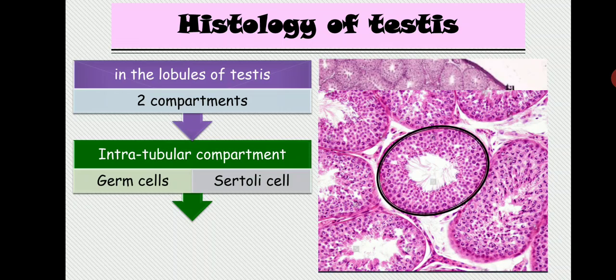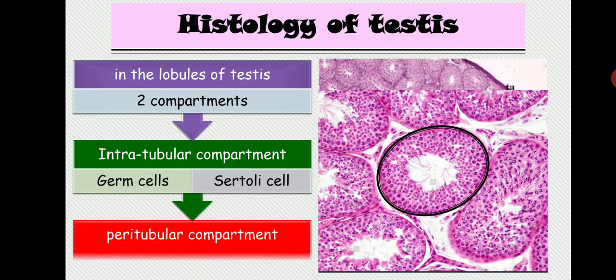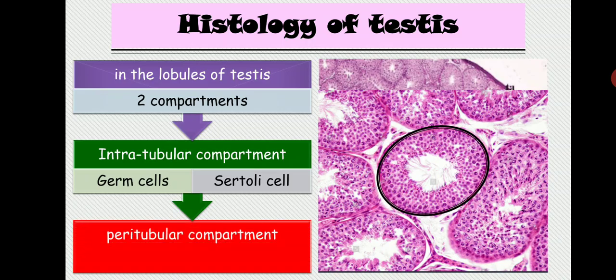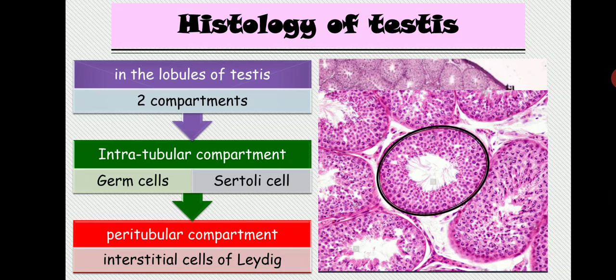The remaining portion that is situated outside the tubule, adjacent to the two tubules, is known as the peritubular compartment or intertubular compartment. Inside this peritubular compartment, situated in between the tubules, there are the interstitial cells of Leydig. Got it? Now let's look at a picture of that particular discussion.